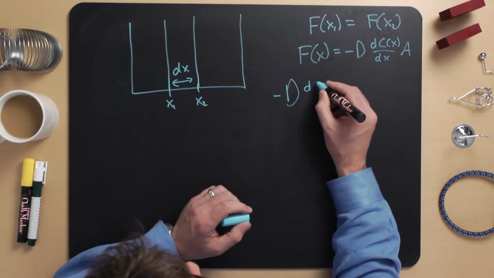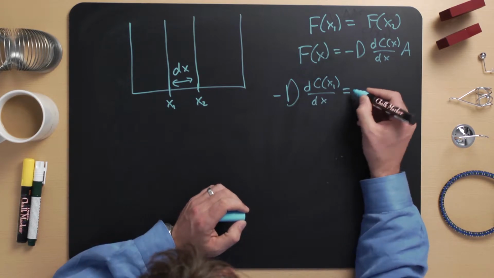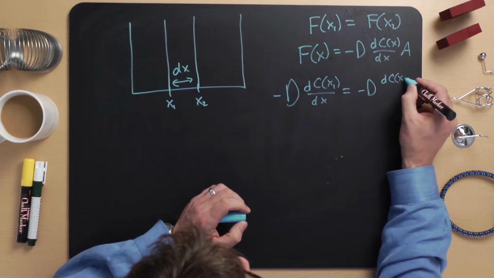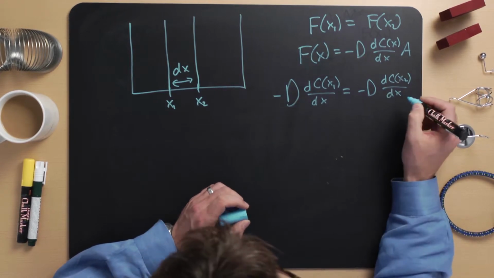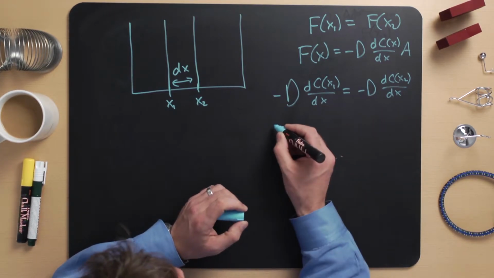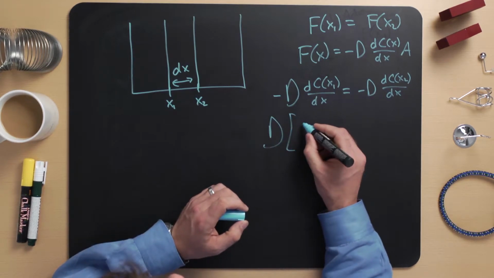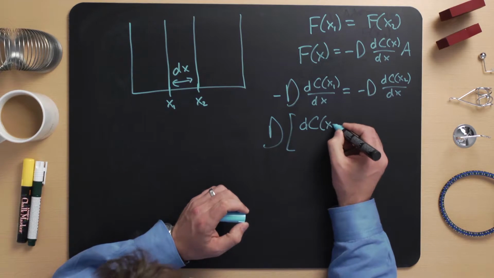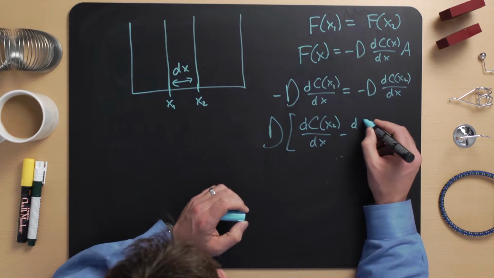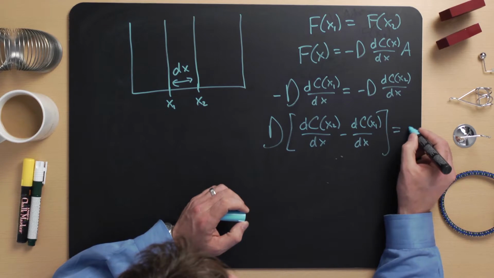Minus D dC of x1 dx has to be equal to minus D dC of x2 dx, where I've divided by A because A is on both sides. Now I can factor out D, and I get D times dC of x2 dx minus dC of x1 dx equal to 0.